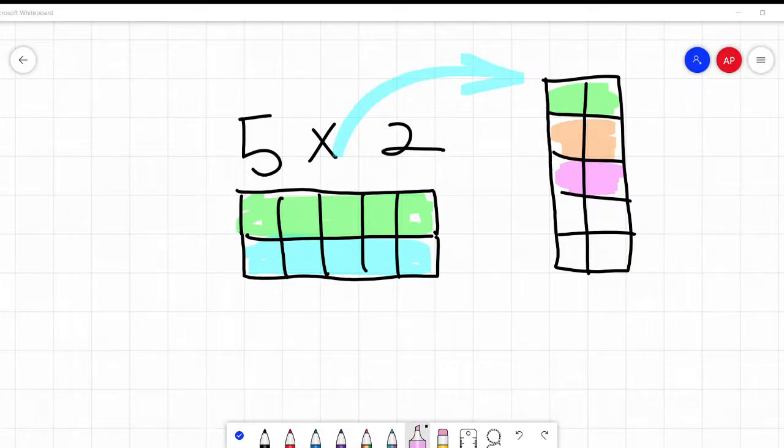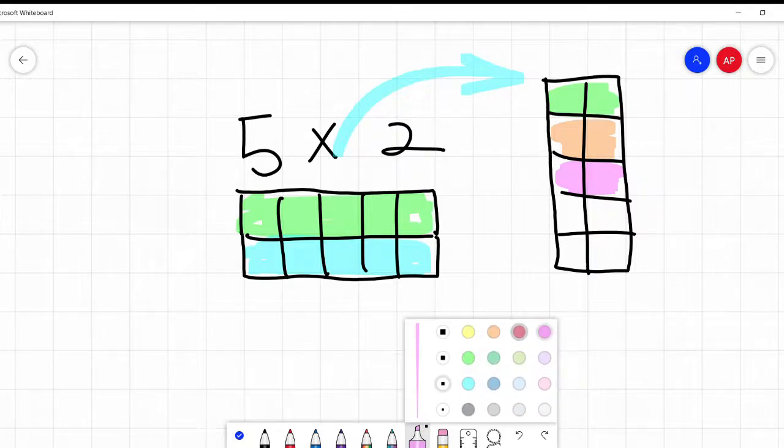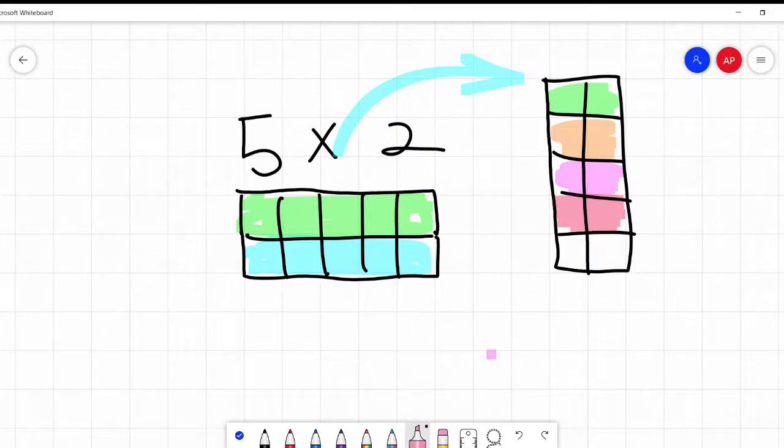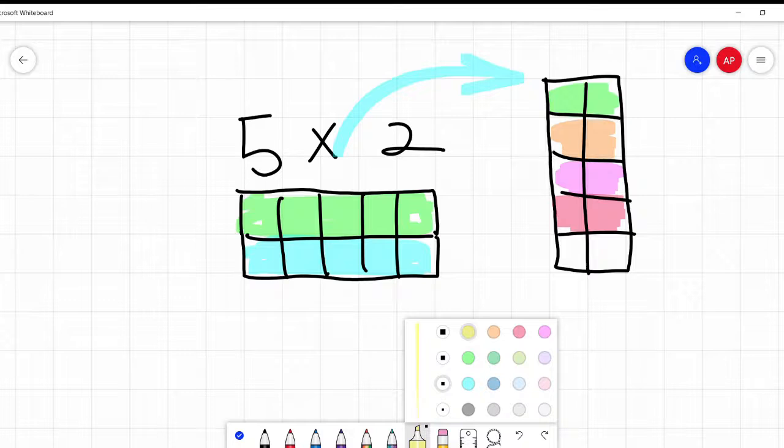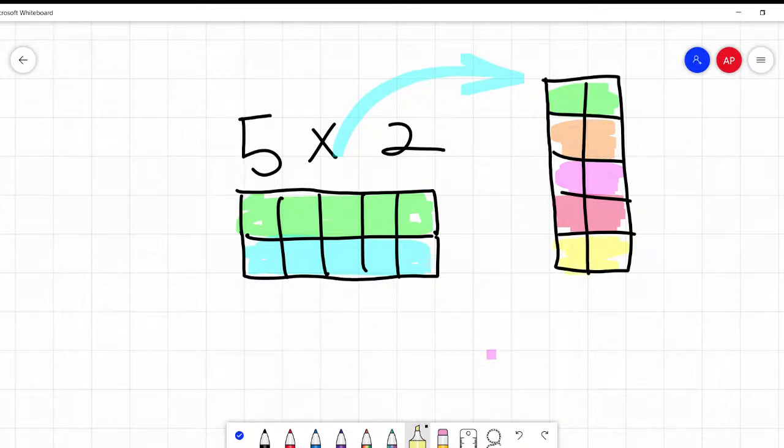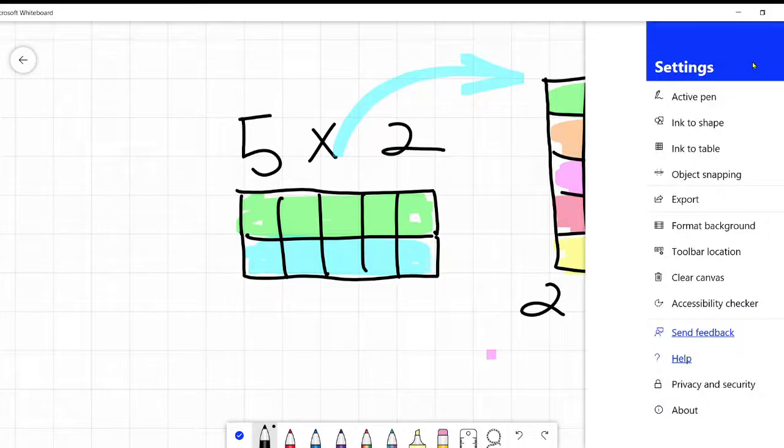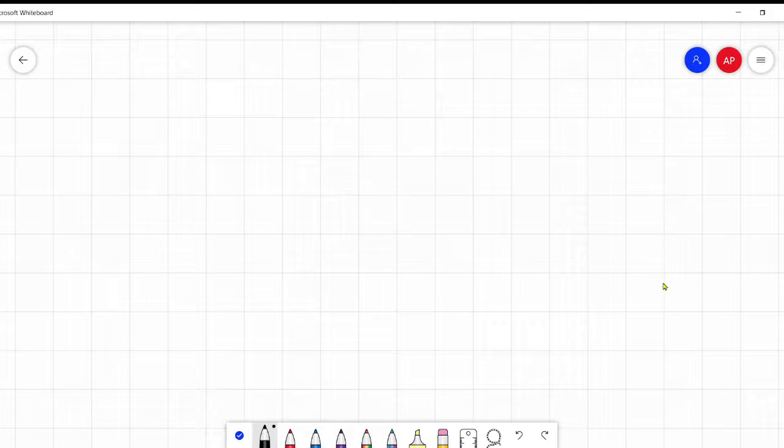So it's the same thing, just our perspective has changed a little bit. But the blocks haven't changed. So 5 times 2, and this would be 2 times 5. Still the same thing.